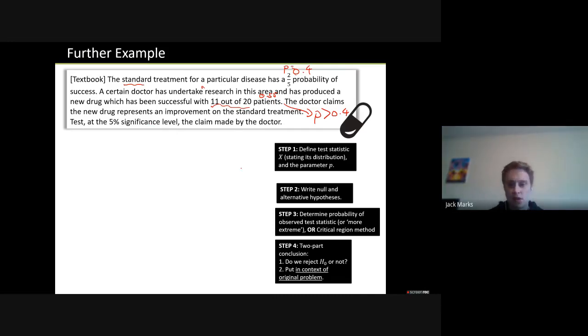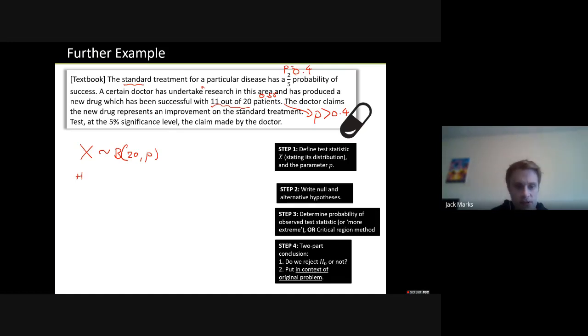Okay, so let's define the parameters first. So X is going to be the number of successful treatments. Yeah, this looks like the successful treatments. So it's binomially distributed. N seems to be 20 here, doesn't it? And the probability, well, we could write it in like this and we could do our hypotheses. We'll do it that way from now on.